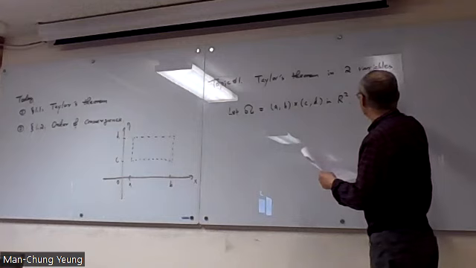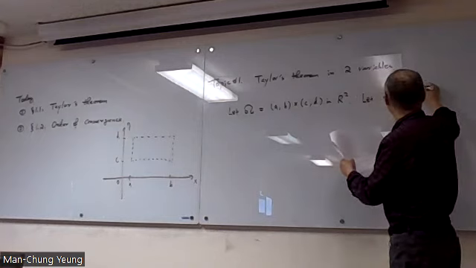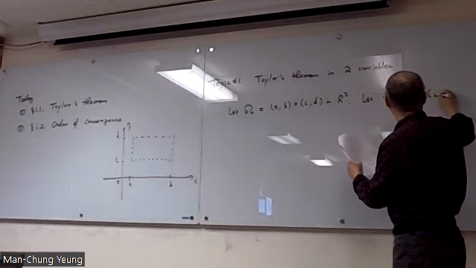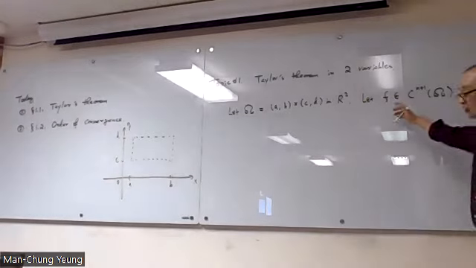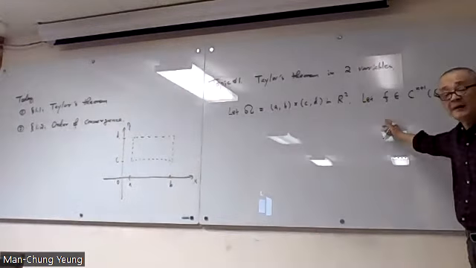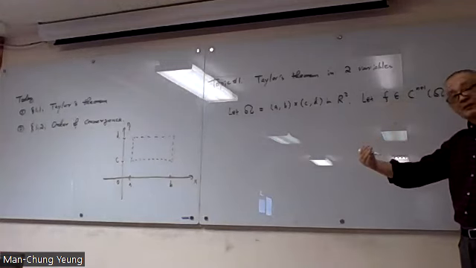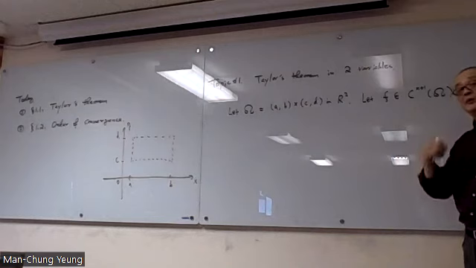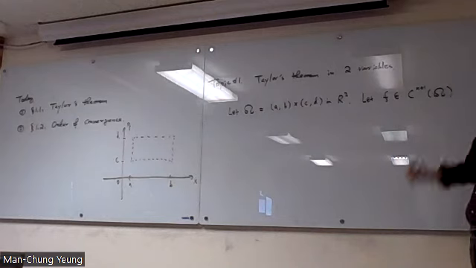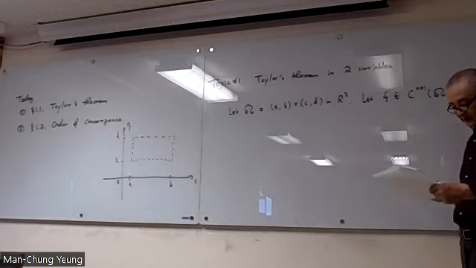And let function f be a function from this set. This function has partial derivatives of order from 1 to n plus 1, and all the partial derivatives are continuous on the rectangle.